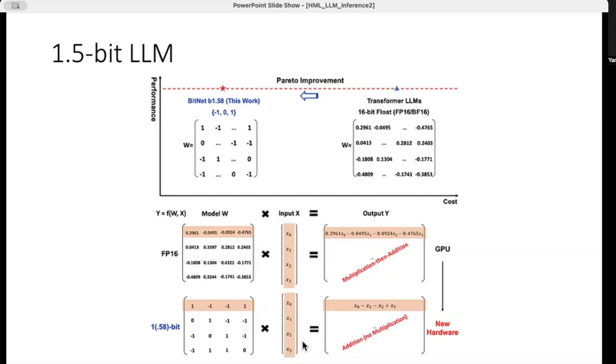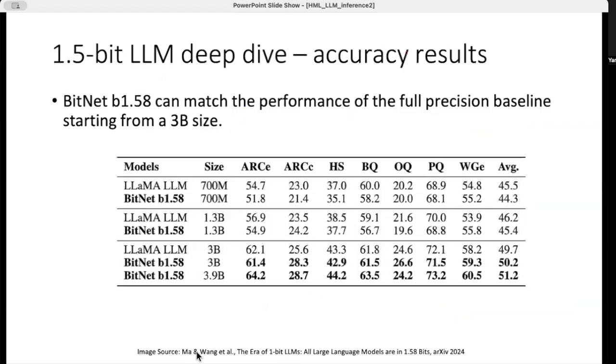There's no multiplication at all needed in your calculations, which may lead to new hardware or new computing algorithms that can specifically optimize based on the plus and minus operations. Because multiplication, as you can imagine, takes more FLOPs, while sum and subtraction is a lot easier and more straightforward. Yeah, that's the key idea about this 1.5-bit, 1-bit LLM.